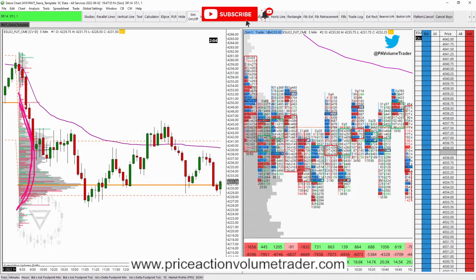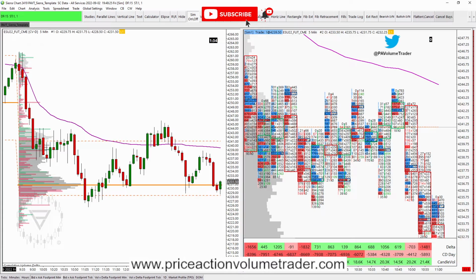Okay, so I use a delta profile, and I also use footprint charts to see the executed orders on the bid and on the ask. So on the DOM, bids are orders to buy here, and asks are orders to sell above price. On the footprint it's the opposite, and if you missed it, I have a whole video going over principles of footprint charts that I recommend you all go check out.